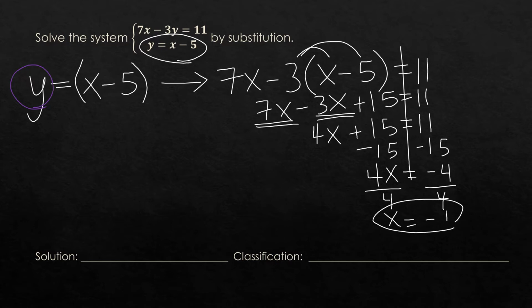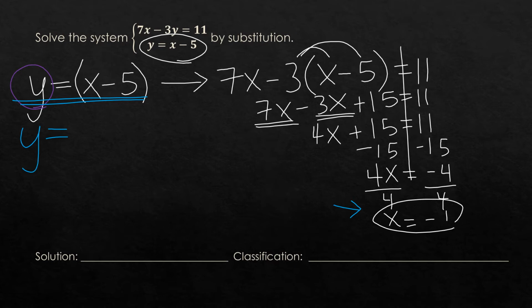Once we have solved for one of our variables, I can now take that value and plug it into the other equation to solve. For this one, it actually doesn't matter which equation we use. We can plug it into the first, or into the second. It's going to be easiest to plug it into this one because it's already got y on the left-hand side.